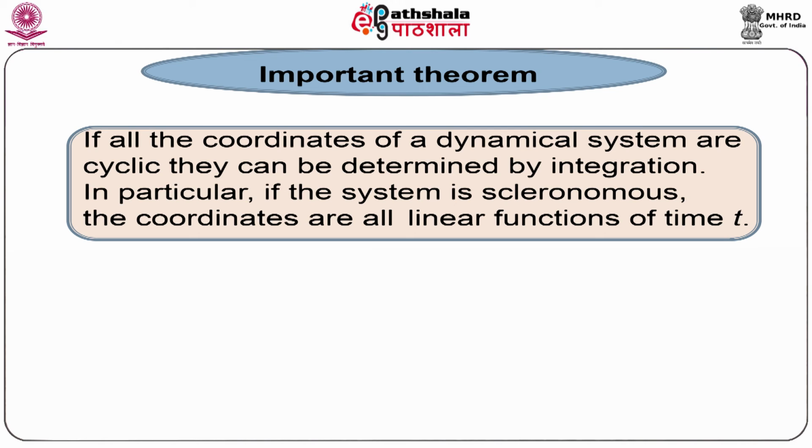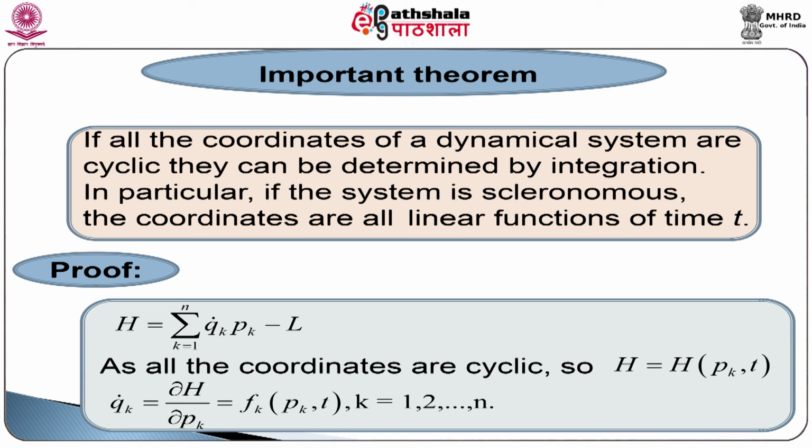A coordinate qk is said to be cyclic if it is explicitly absent from the Hamiltonian. We know that Hamiltonian H is defined in terms of Lagrangian as H equal to summation k equal to 1 to n qk dot into pk minus L. Since qk is absent in the expression of H, so qk's are cyclic coordinates.